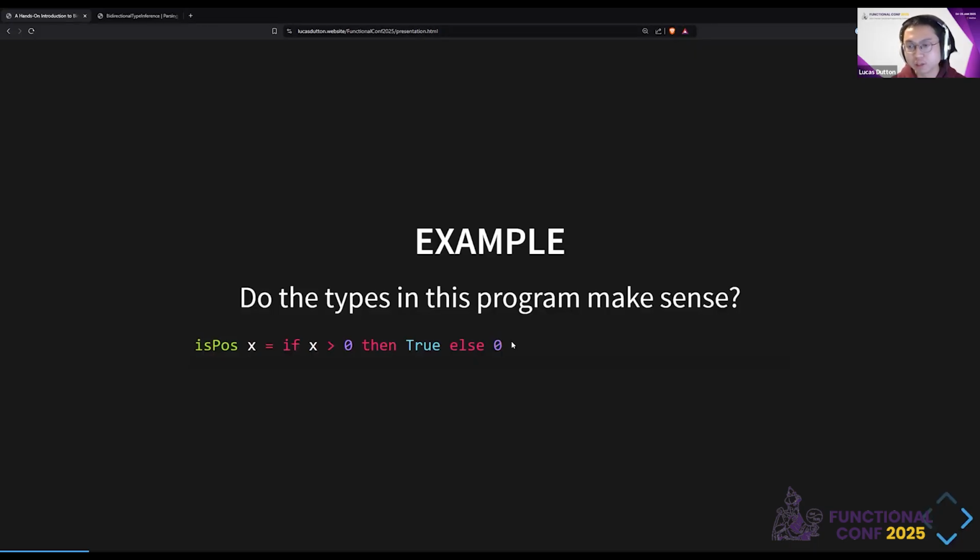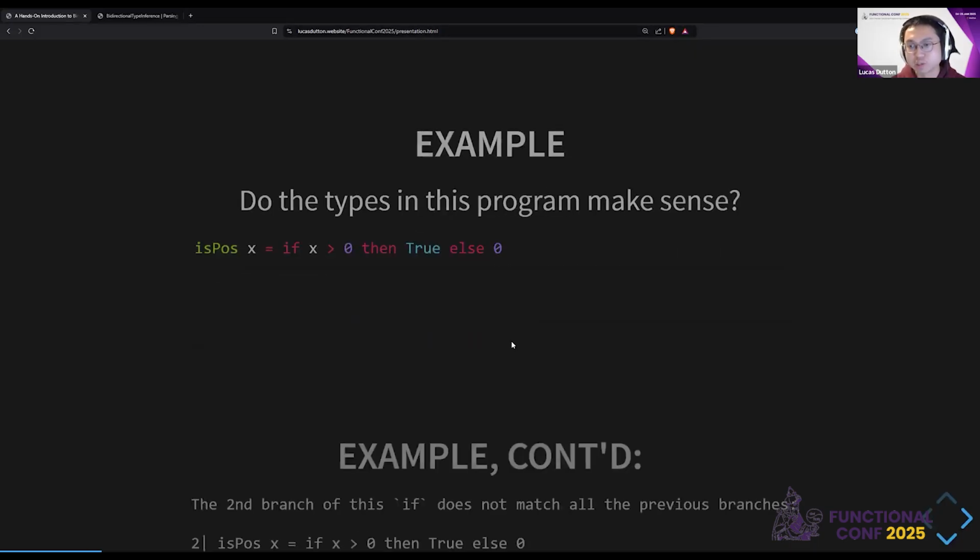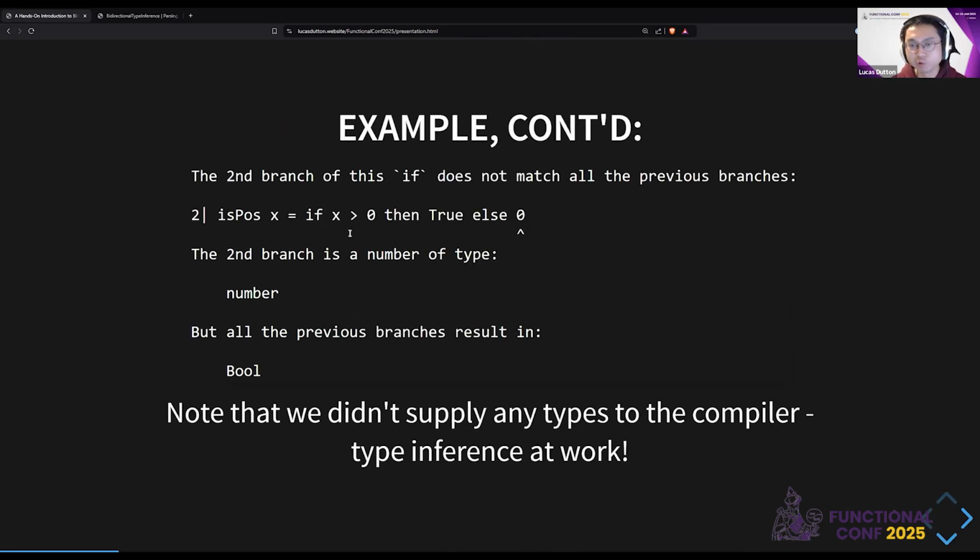But let's see what the Elm type checker tells us. If I were to run this, what it says is that the second branch of our if statement doesn't match all our previous branches. And it says that it is a number, but it's expecting a boolean. And the nice thing about this example is that we didn't annotate this program with any types. So the Elm type checker is actually performing type inferencing.